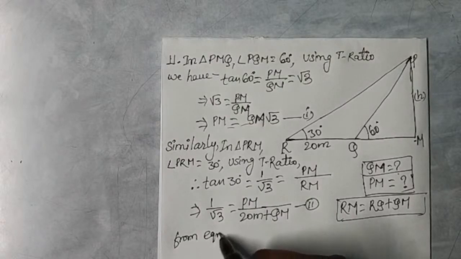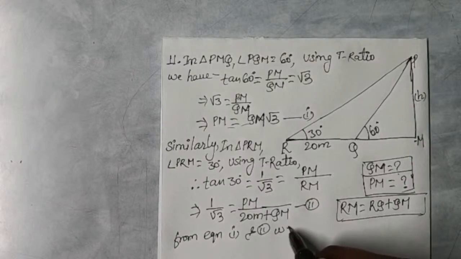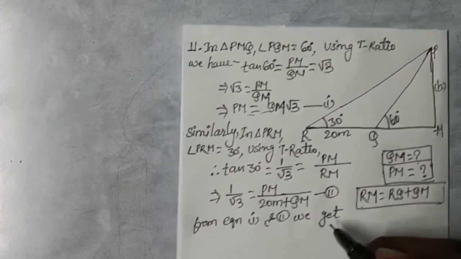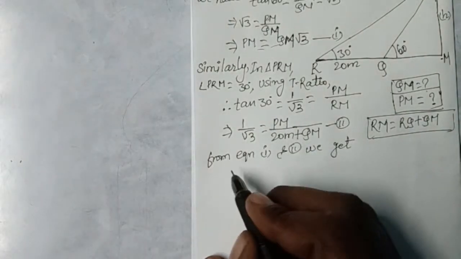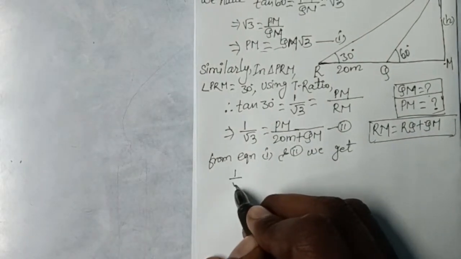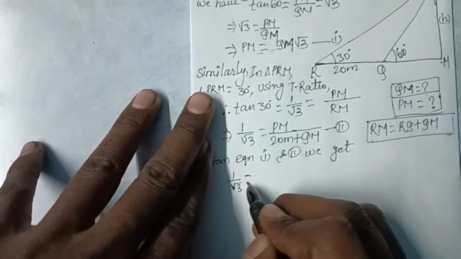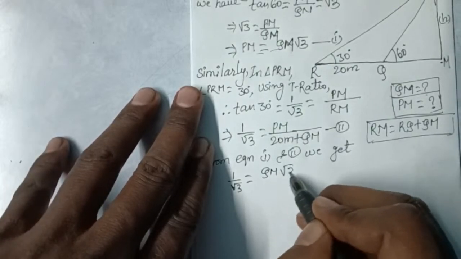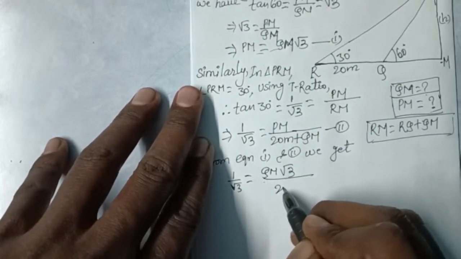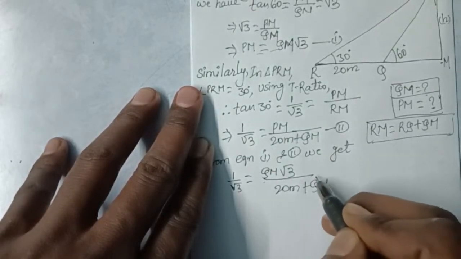From equations 1 and 2 we get 1 by root 3 equals QM root 3 upon 20 meter plus QM.